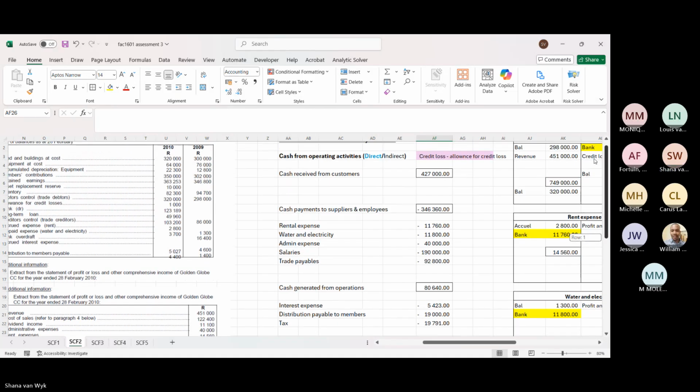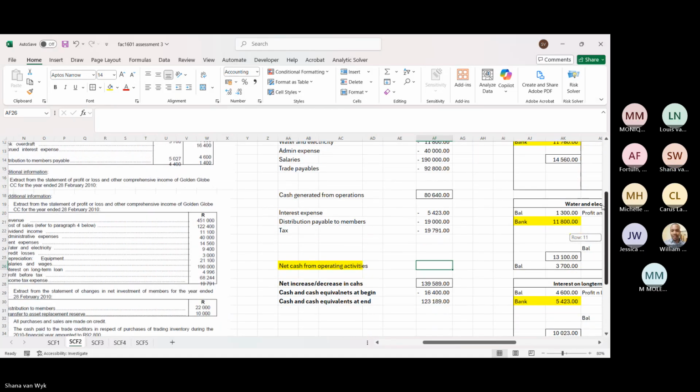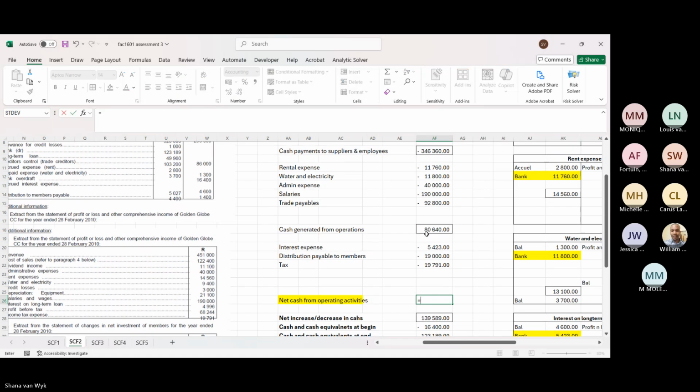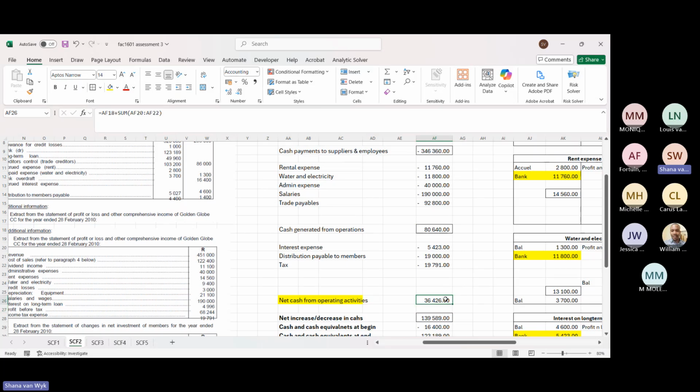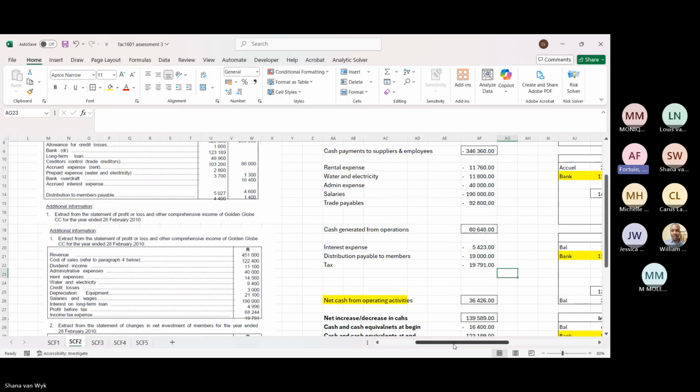Then I get this answer. And then there's still dividends. Is dividends not a non-cash item? It was dividends that were received, so it's a cash item.